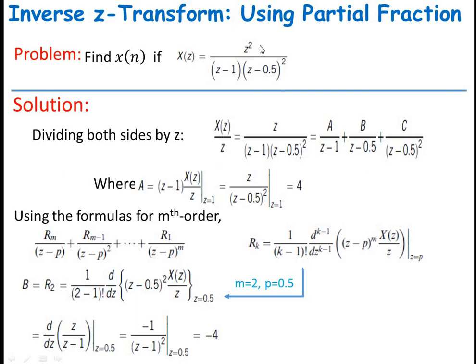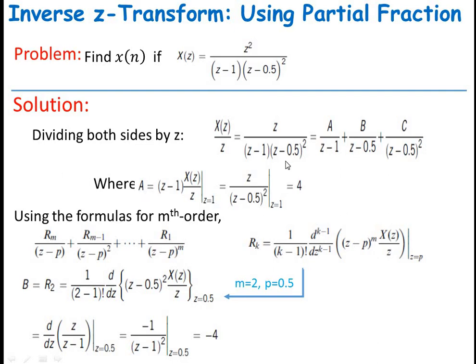So by doing so, we can write this as z divided by z minus 1 into z minus 0.5 the whole square. Here we are having three terms, so one with z minus 1, another one with z minus 0.5, and another one is z minus 0.5 the whole square. So it is for the repeated poles.